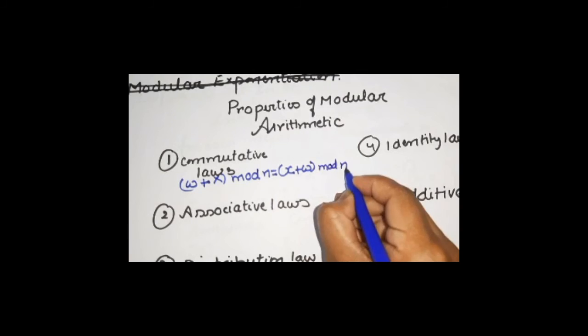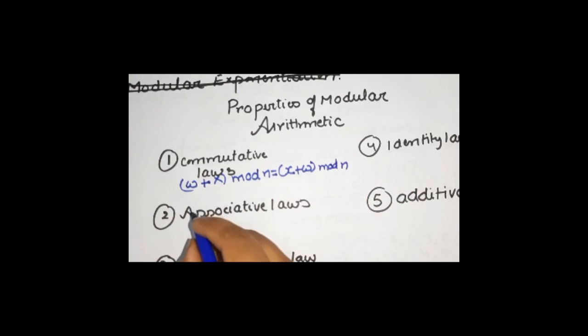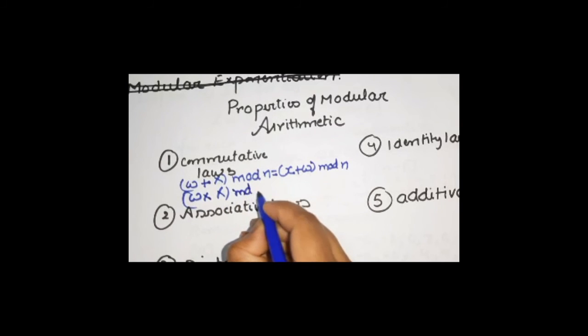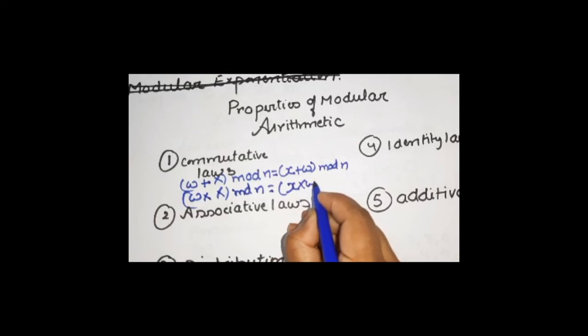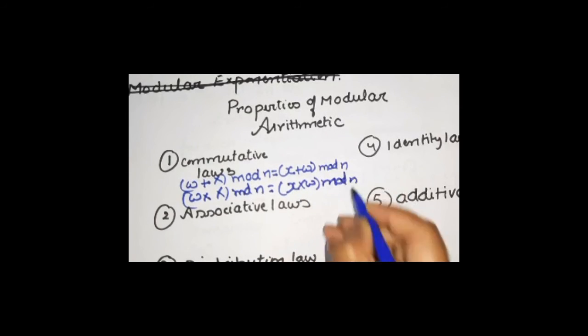There is no difference. You can also write that W times X mod n is equal to X times W mod n. This is the commutative law. I hope there's no confusion.